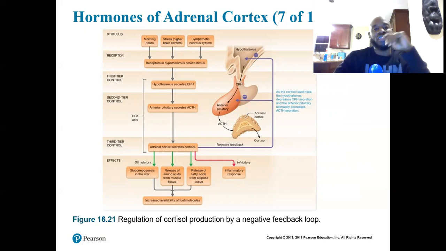The stimulus could be the sympathetic nervous system, your fight or flight. It causes the hypothalamus to secrete CRH, the anterior pituitary to release ACTH, and the adrenal cortex makes cortisol. We make more glucose and inhibit our inflammatory response, inhibit our leukocytes. All right, so that's the pathway.